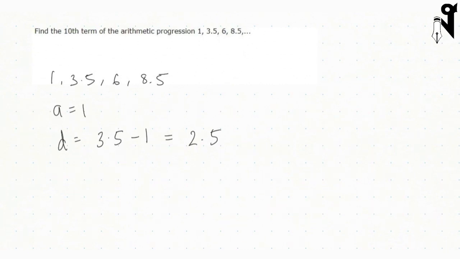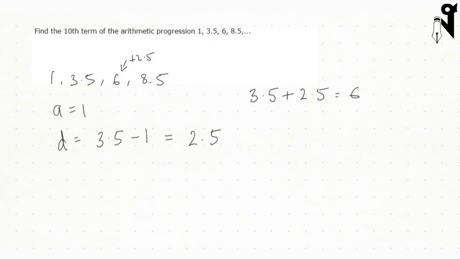I can verify that this is an arithmetic progression: 3.5 plus 2.5 gives me 6, which is the next term, and then 6 plus 2.5 gives 8.5. So it is the sequence, and I need to find the 10th term.